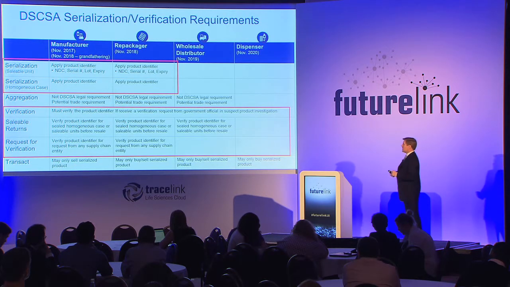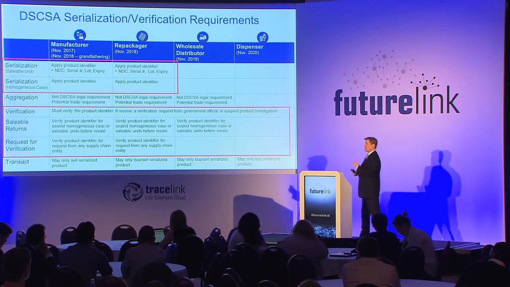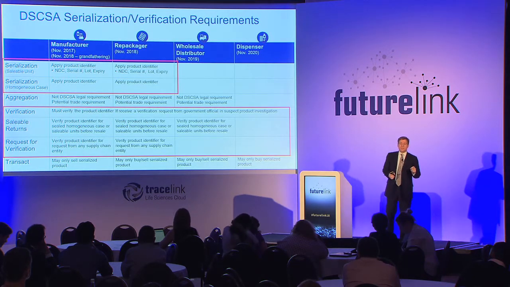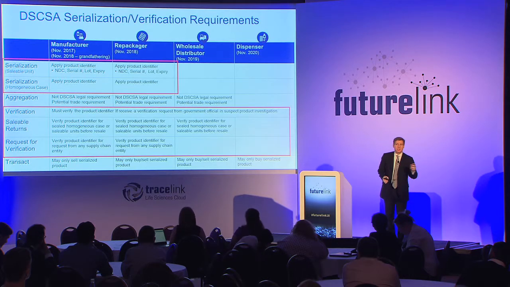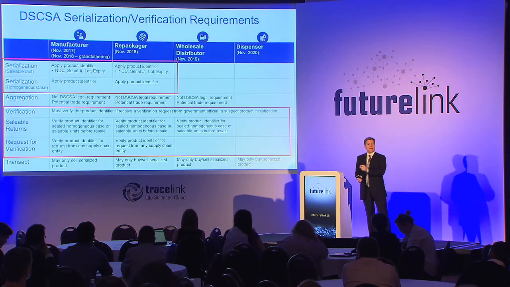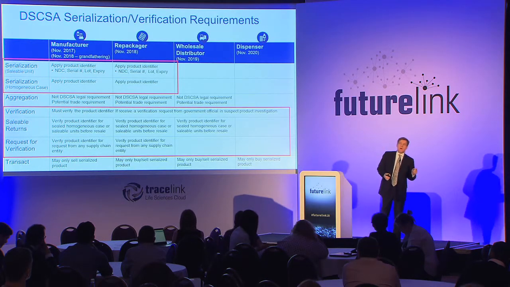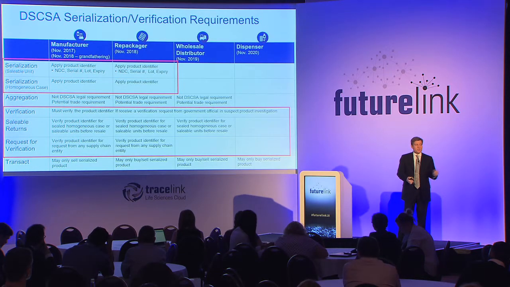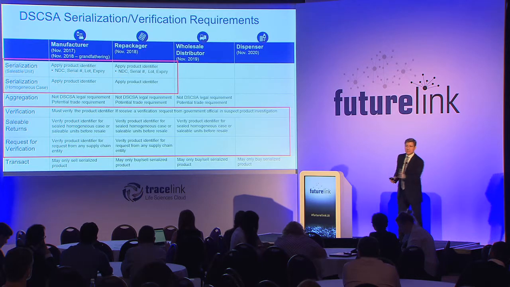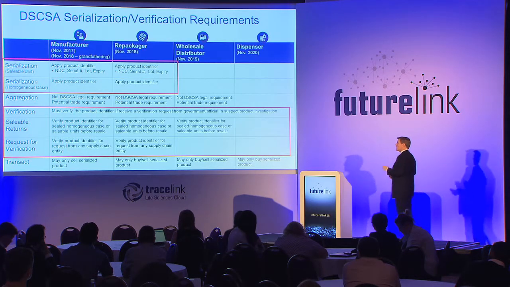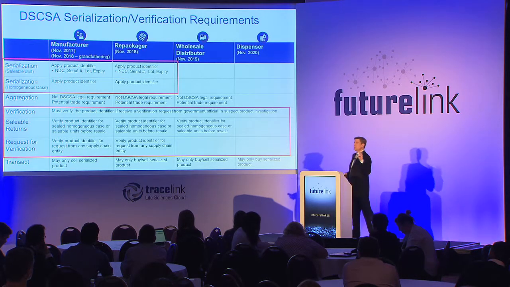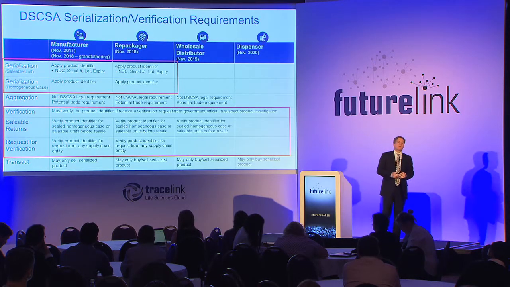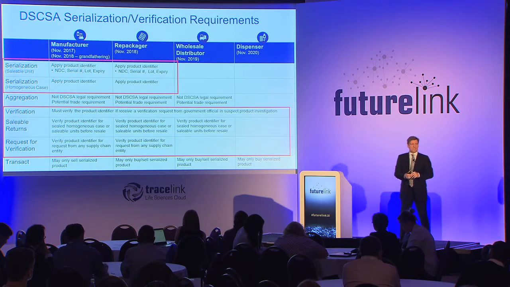The big complication comes in, though, is the fact that you can't just do serialization. Once you've serialized product, or once you are an entity that is required to only buy or sell to transact serialized product, the law and the FDA expects you to use that information. Okay? So you don't just set it on a package and send it in the supply chain. So there are a series of 3 different versions of verification that now require you to use the serialized information.